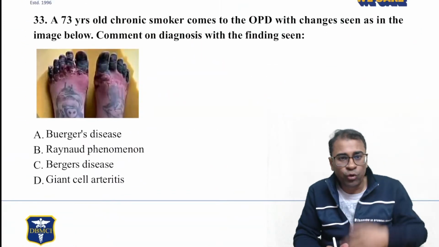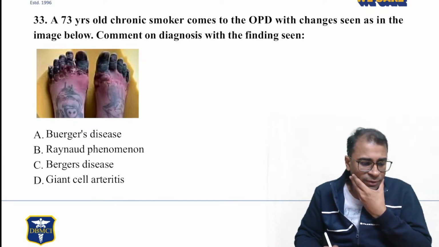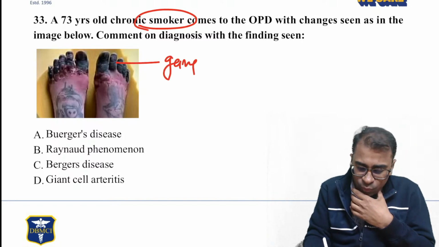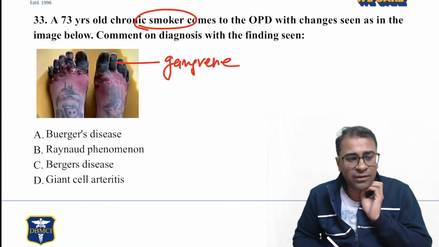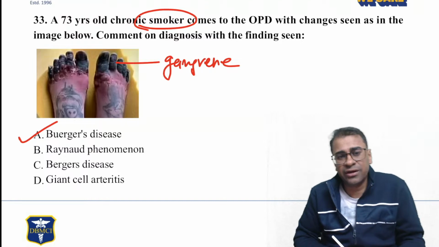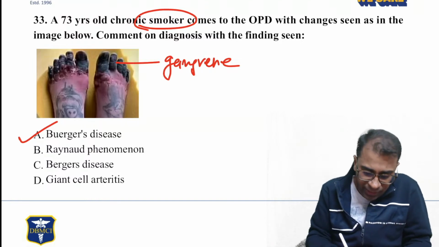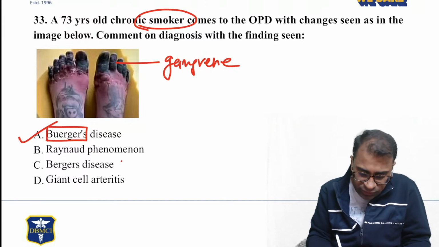चलो, a 30-year-old chronic smoker presents to OPD with changes seen in the image given below. क्या हो गया इसको? Smoker है and you can see gangrene here. What might have been the possible reason? It can be Buerger disease. Okay, it has to be Buerger disease. अच्छा, बर्जर यहाँ पर spelling ही गलत है, BUERGER, this one, not this one, because this is IgA nephropathy.